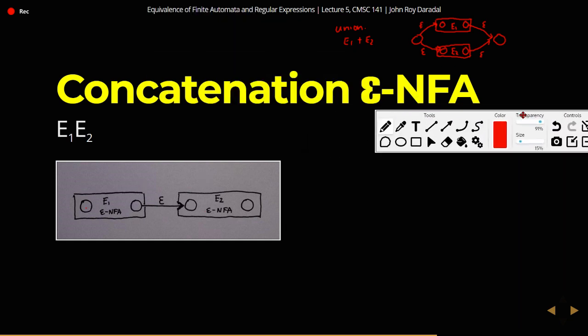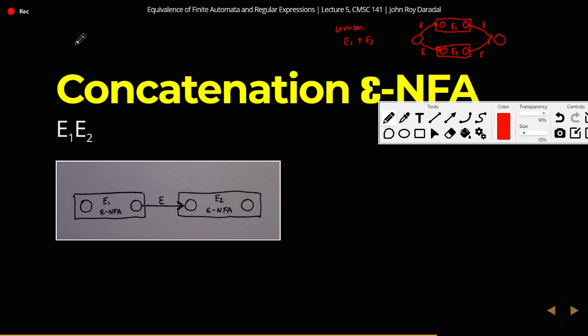So for concatenation, E1 then E2, the accepting or final state of E1 connects to the start state of E2 using an epsilon transition. So this is concatenation.